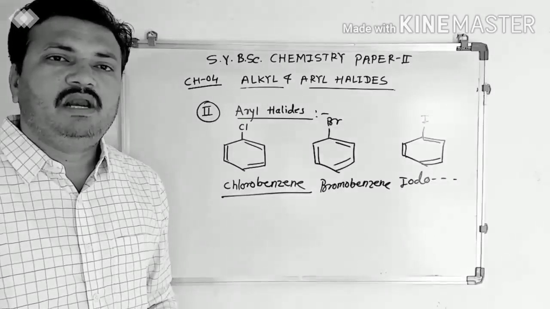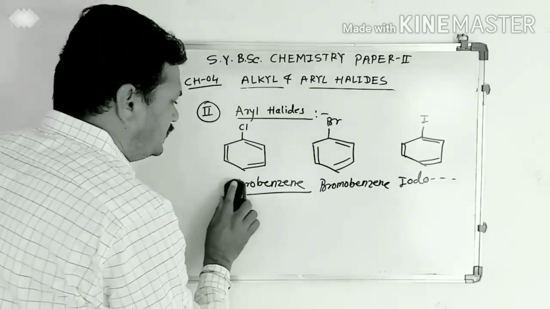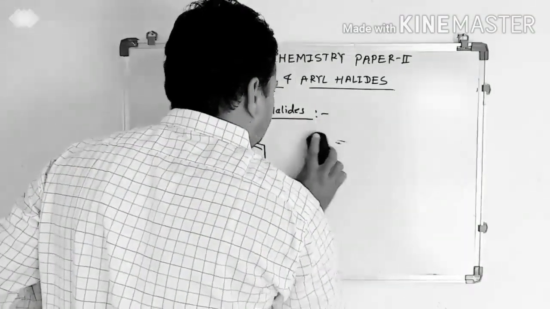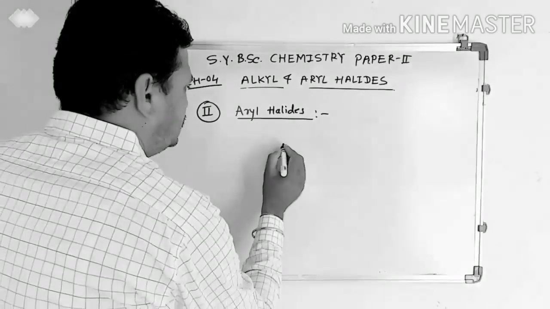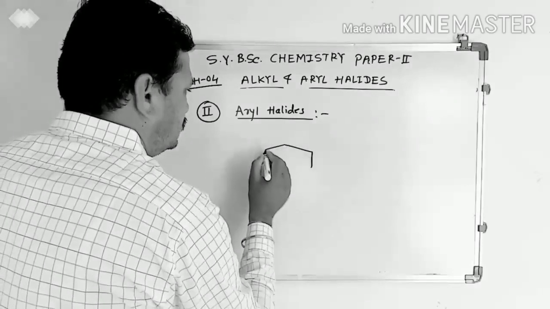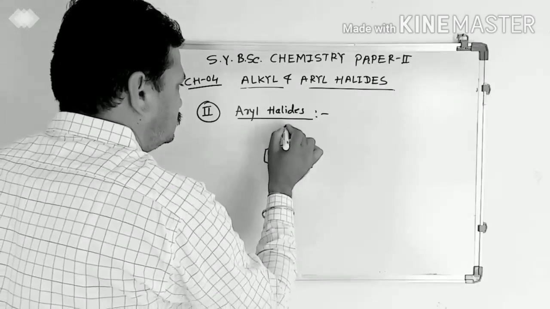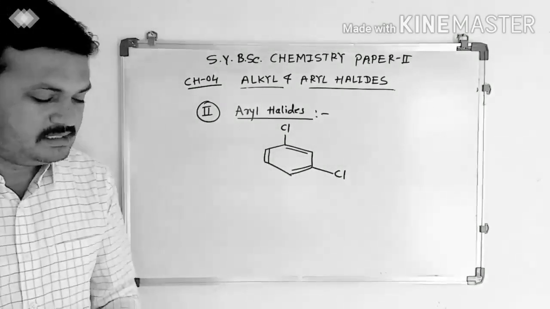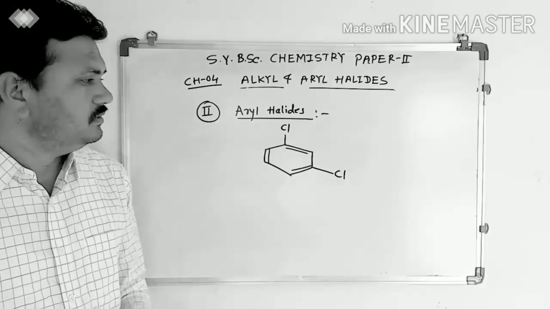If the number of halogen atoms increases, then we will give the IUPAC nomenclature system like this. When the compound is like this, there are two chlorine atoms present on the same benzene ring, then we should give the numbering like this.